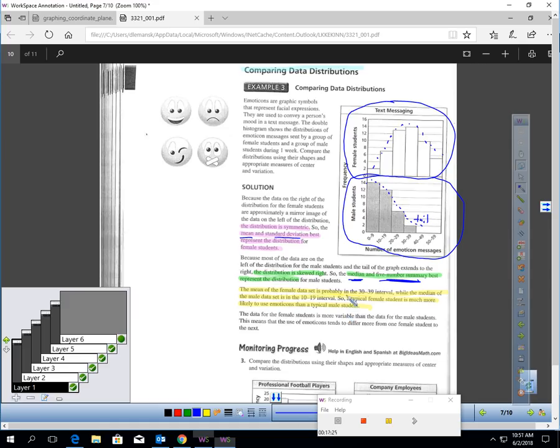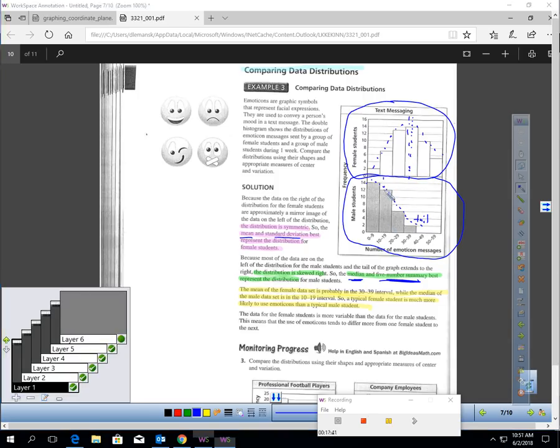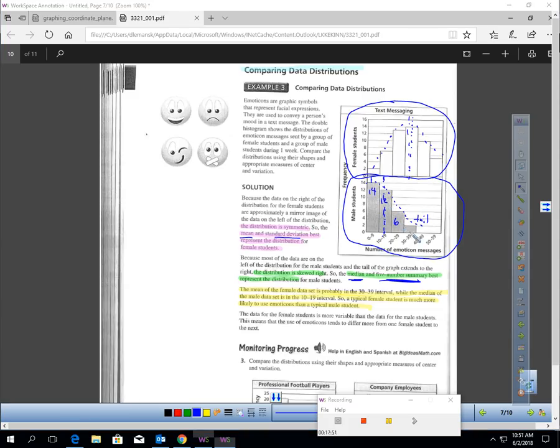From there, let's compare the two. The mean of the female data is probably in that 30 to 39 interval. But for the male data, I should say the median is probably in here, because think about it. Let's add up the males. We had 14 in the first bar, 12 here, 6 and 2.